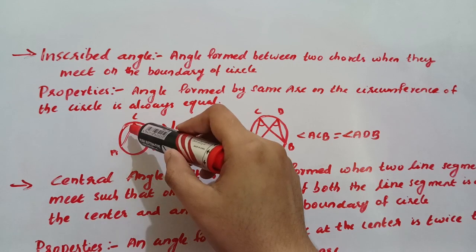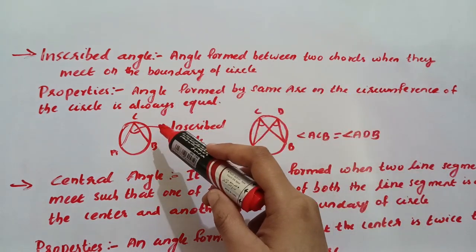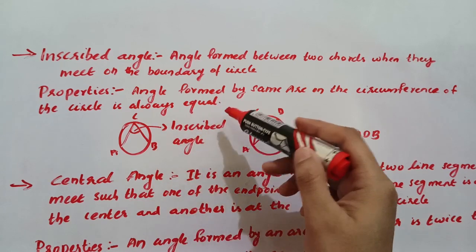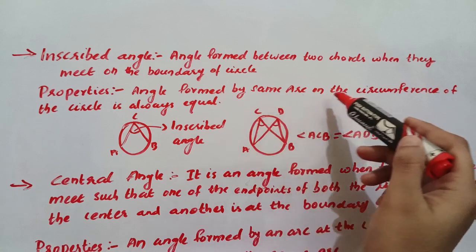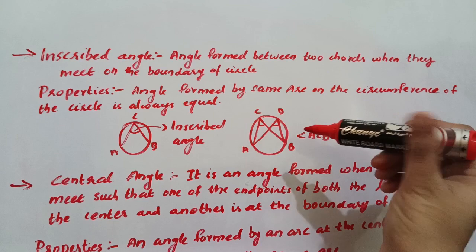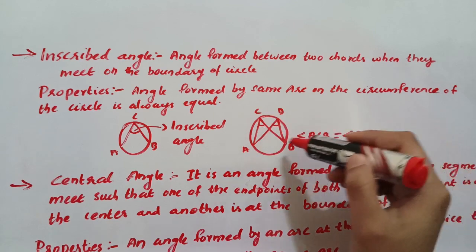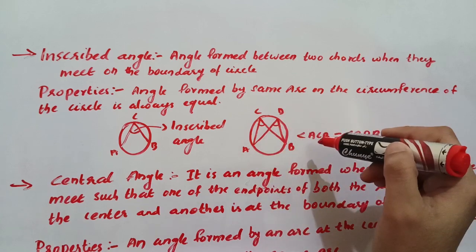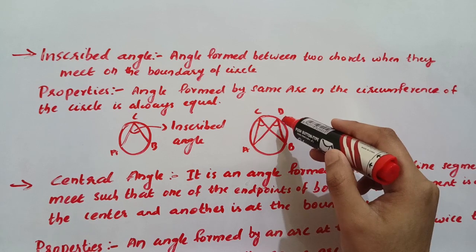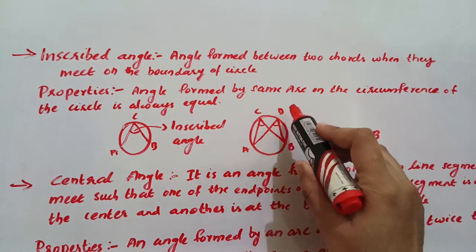An angle made between these two chords is called inscribed angle. Next property of inscribed angle is angle formed by same arc on the circumference of circle is always equal. That is, angle ACB is equal to angle ADB. This is the angle made in the same arc. So we can say angle ACB is equal to angle ADB.